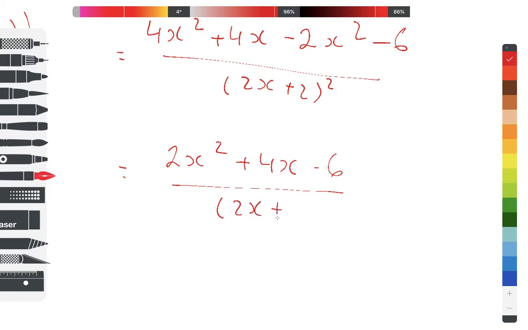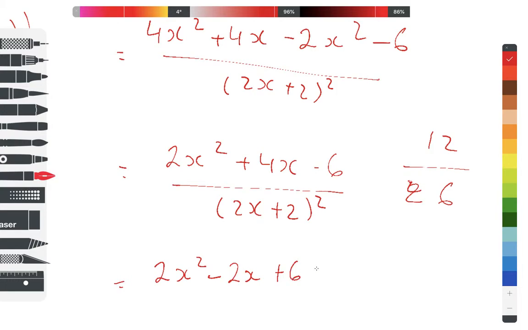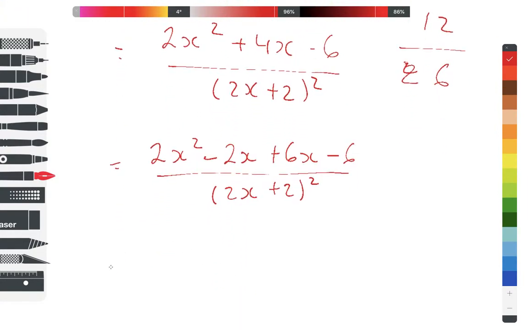Some people might be okay with you leaving it in this form, but I suppose if you wanted to, you could factorize it out and get it a bit neater, in a more factorized answer.